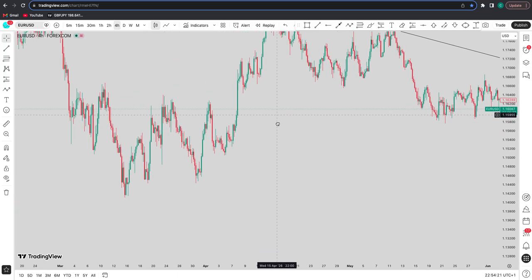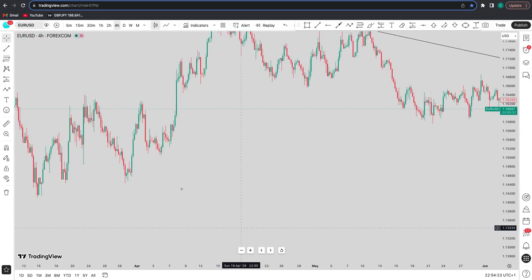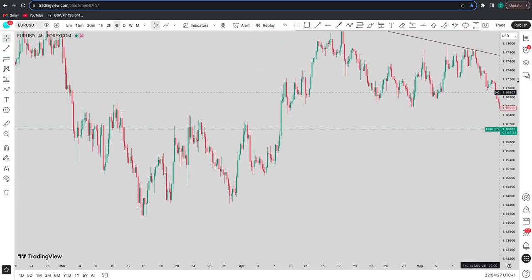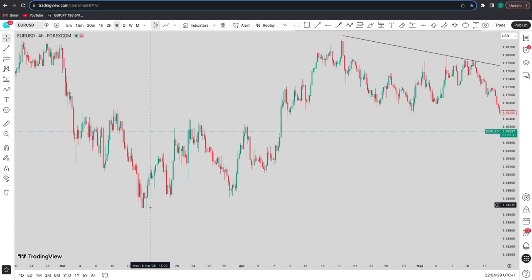So for a bullish scenario, what you want to do is take a look at a market like this. You see the market started trending up from this level. It went up to this level, came down to this level, then it pushed up.